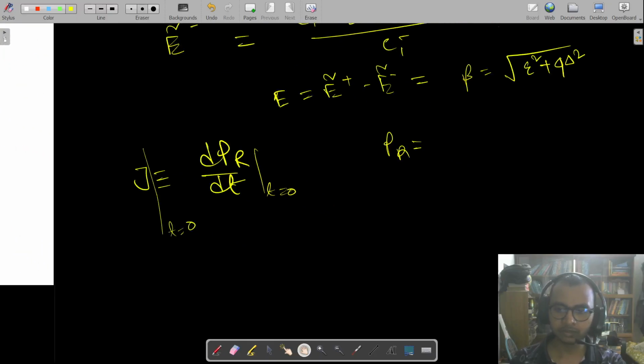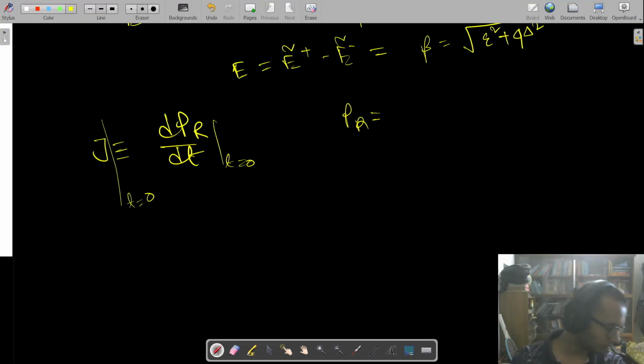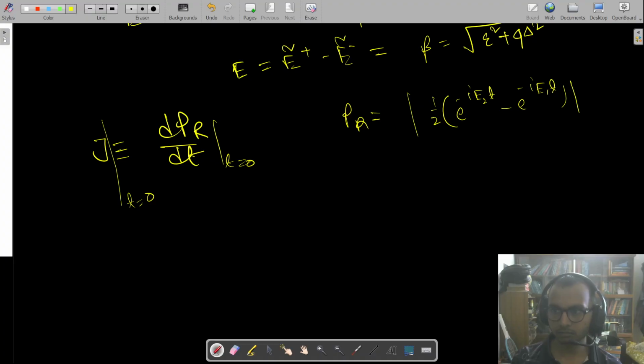P_R, if we remember correctly, is given by half of this expression, where E2 is basically the energy corresponding to the plus value and E1 is the one with the minus value.